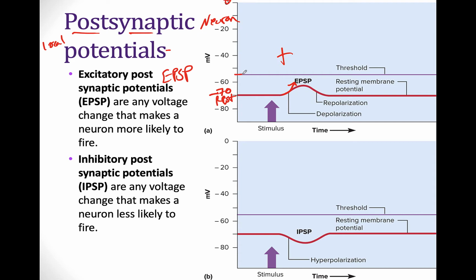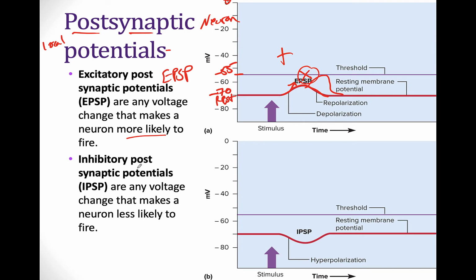And this is going to bring it closer and closer to that threshold of -55. This potential is not going to cause an action potential because it is not going to hit that threshold. But it does make that cell more likely to fire if another stimulus came along and then that one was able to get it to threshold.